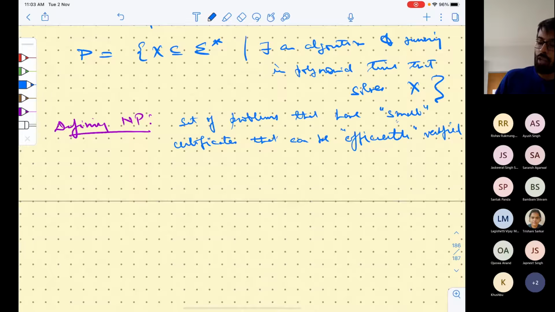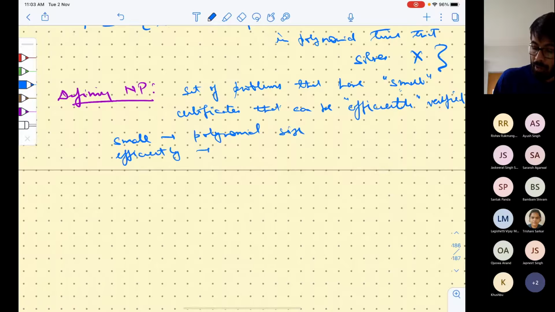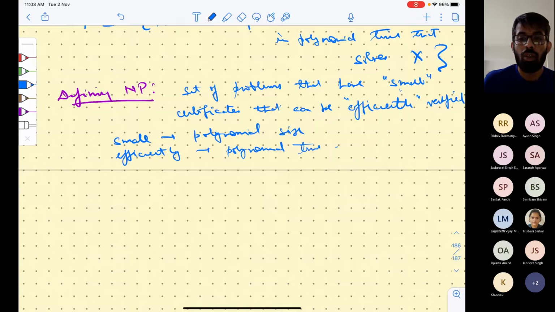And by small and efficiently, we both mean polynomial time, right? So small is polynomial size, and efficiently, as we know, is polynomial time.